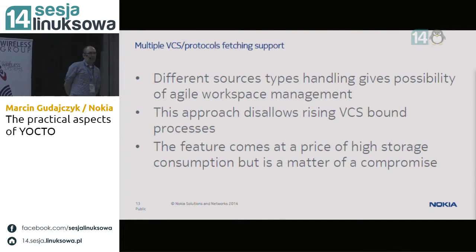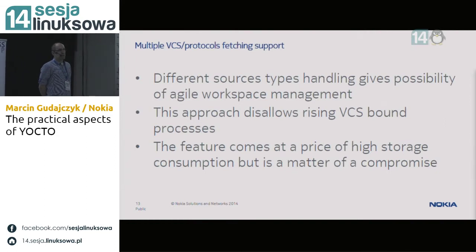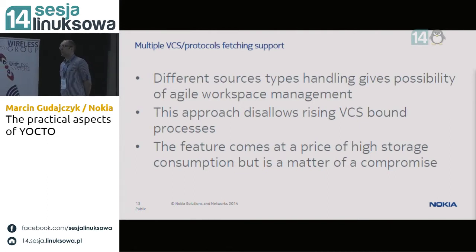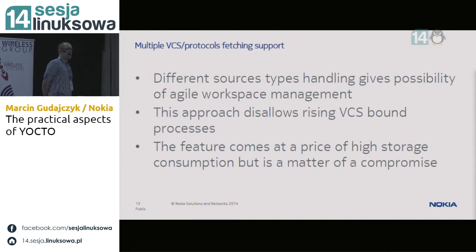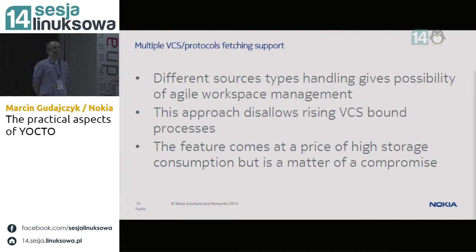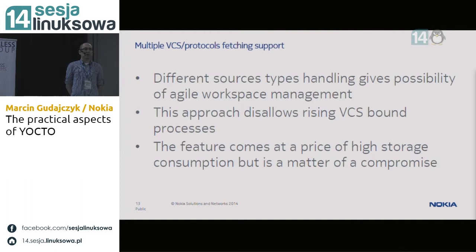And this is one of the aspects that we usually don't consider while diving into the Yocto, right? This might seem very reasonable at the beginning, at first glance, that we can fetch any sources from the internet, right?